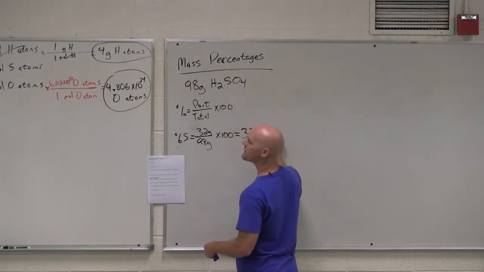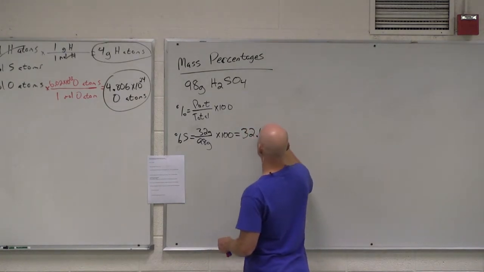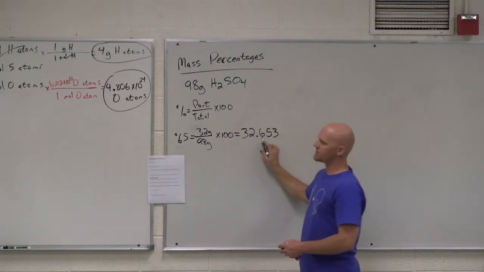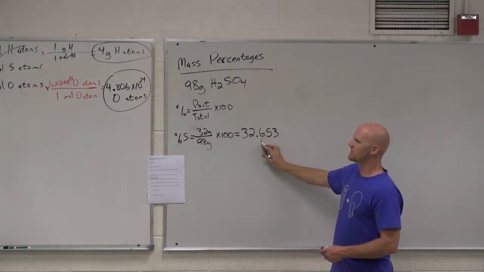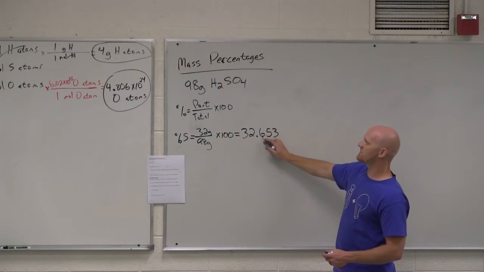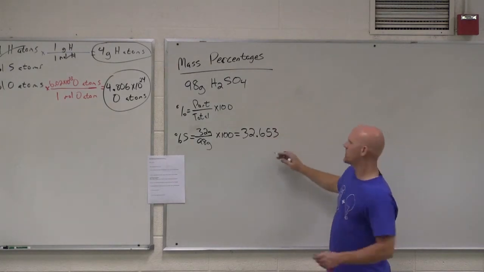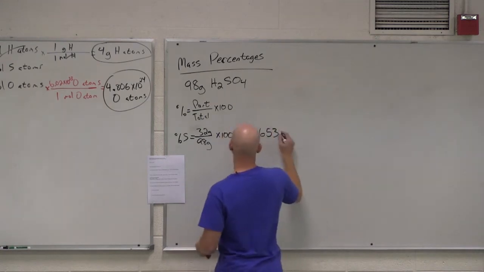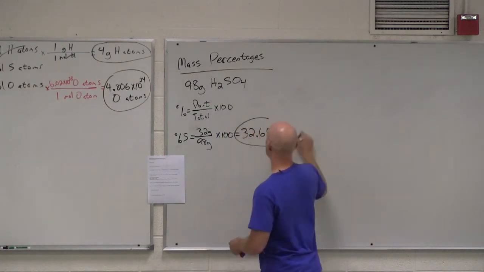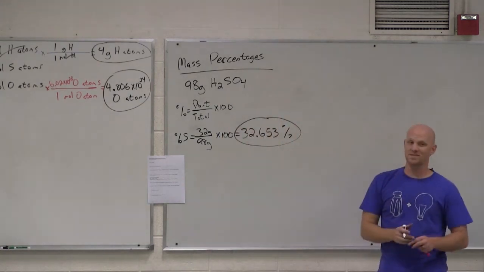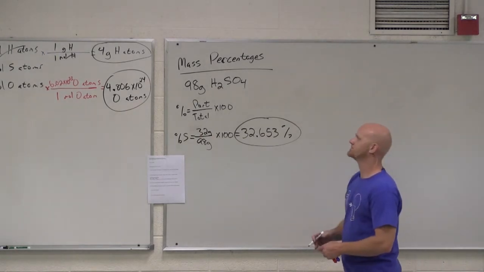Any more sig figs on that? Yeah, 32.653. If we had left it at 32.6, would we have been off? Because if we go to that sig fig, we should round it up to 32.7. Only reason I asked. In this case, I'm just going to say 32.653%. This is probably not a question that's going to quiz you on sig figs.